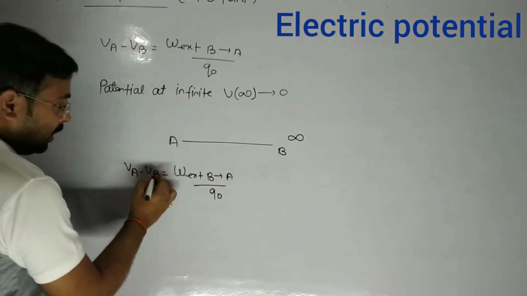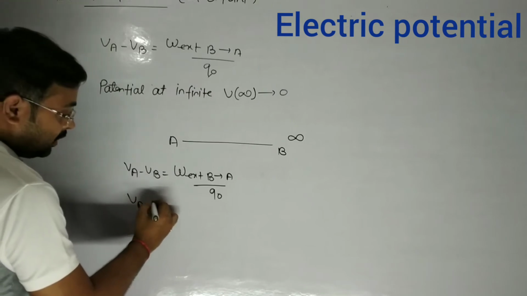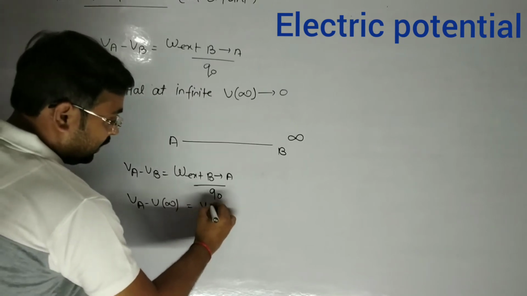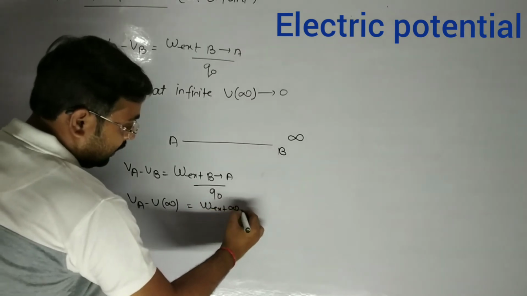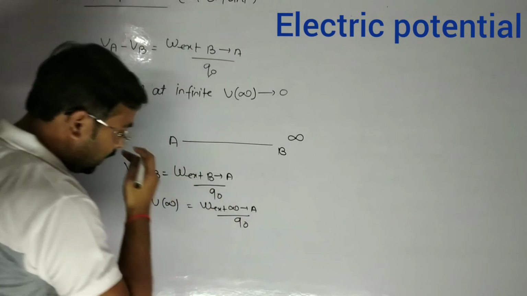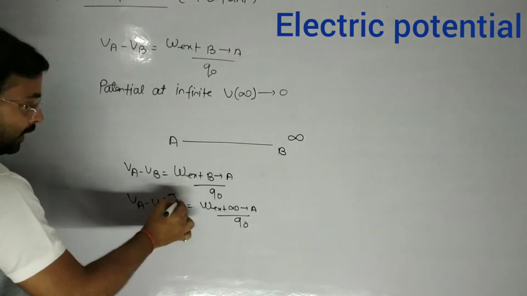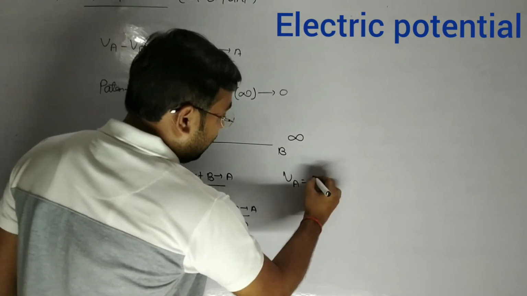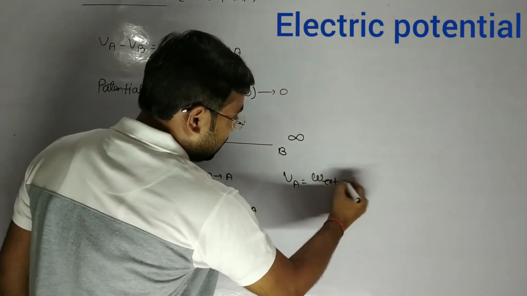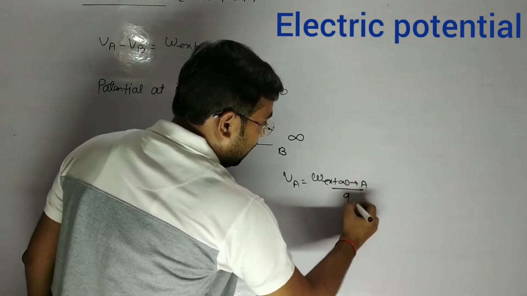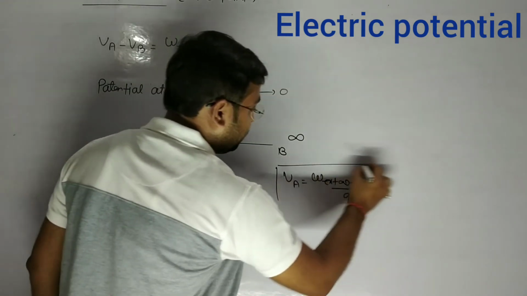So VB, B is placed at infinity, so W external infinity to A upon Q naught. V at infinity is 0. So VA equals W external infinity to A upon Q naught.